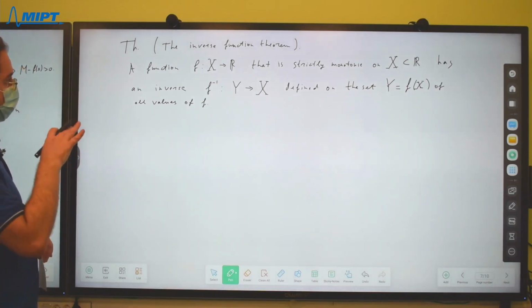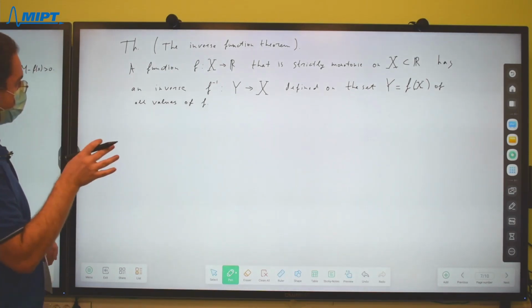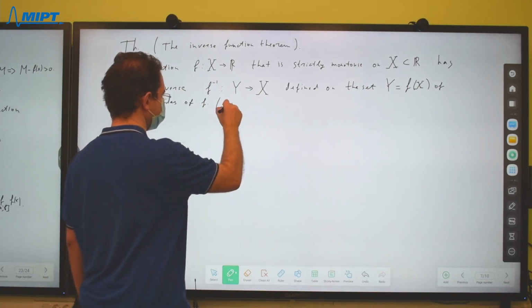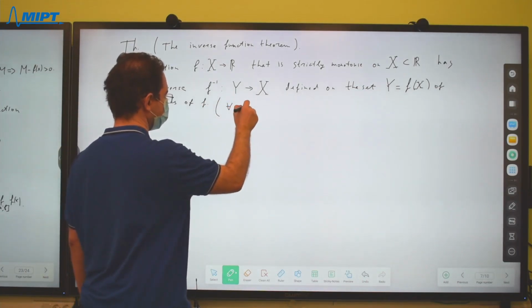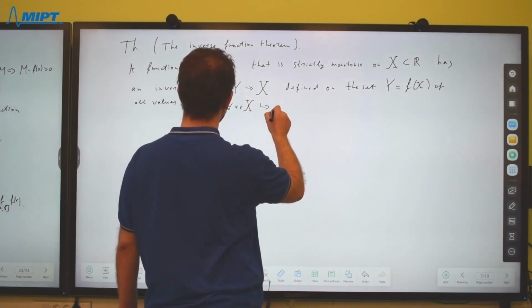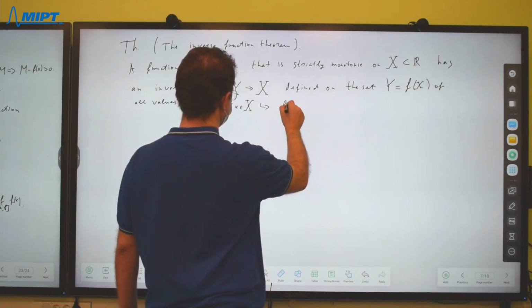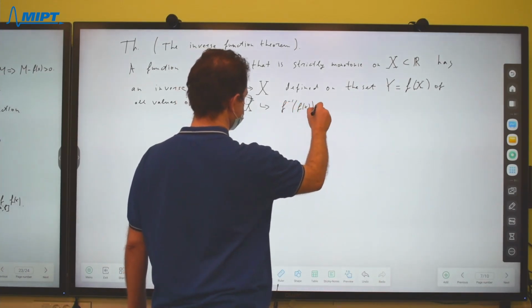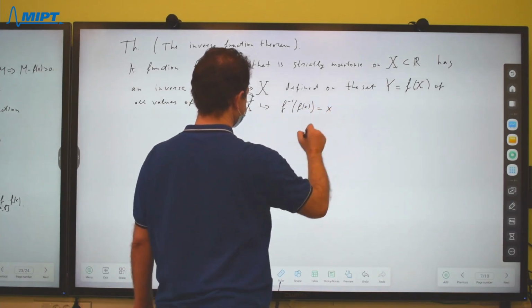So, a strictly monotonic function has an inverse function. To be clear, the inverse function is such that for any x from capital X, it follows that f minus first of f of x equals x.